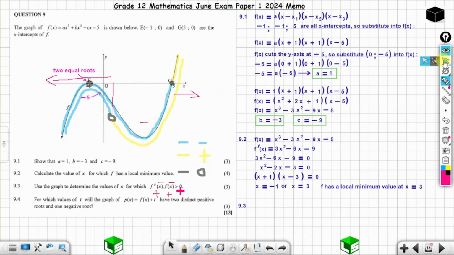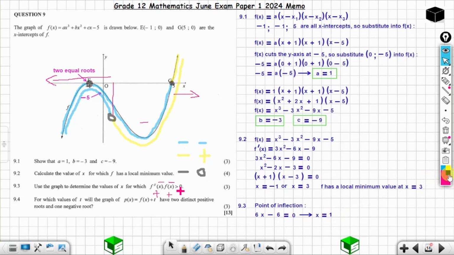So let's find the point of inflection. To find the point of inflection, you take f double prime of x, which is 6x minus 6. You equate to 0 and then solve for x. So x is equal to 1.